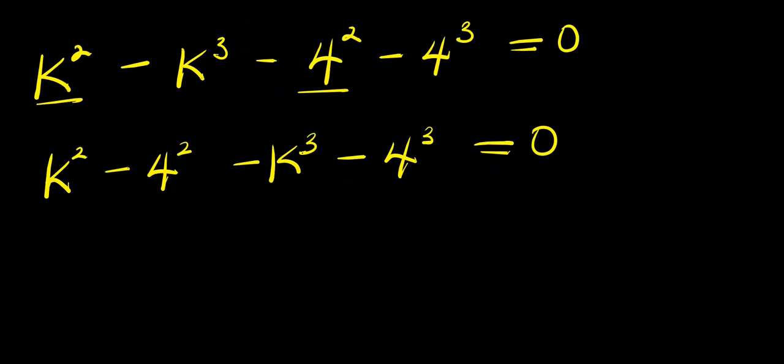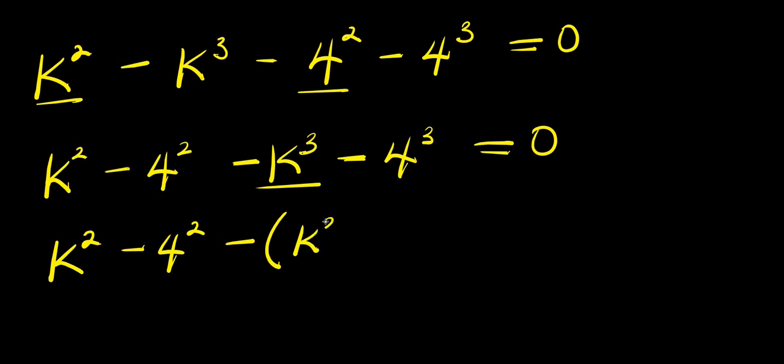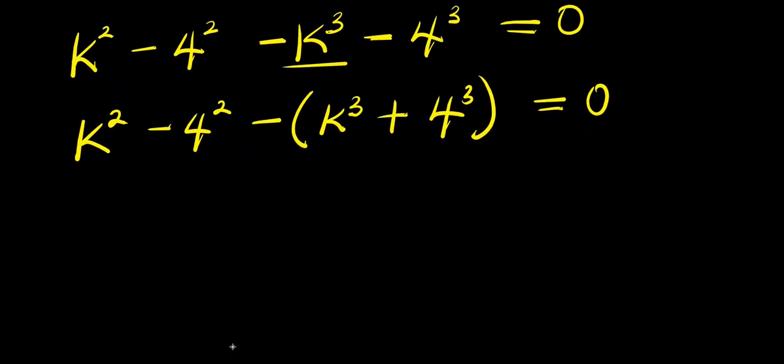So at this point, there's minus, let's factor that out. You have k power 2 minus 4 power 2 minus this divide this. You have k power 3 plus 4 power 3 equals 0. So from here, let's expand each of these. So right now, this is difference of two squares.